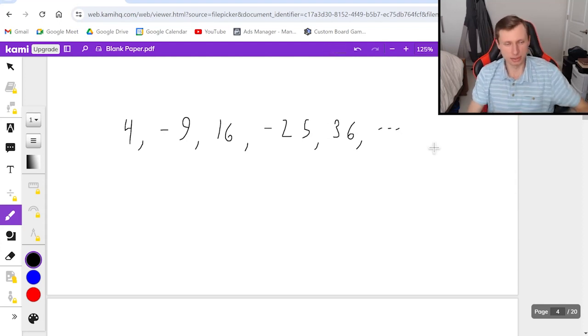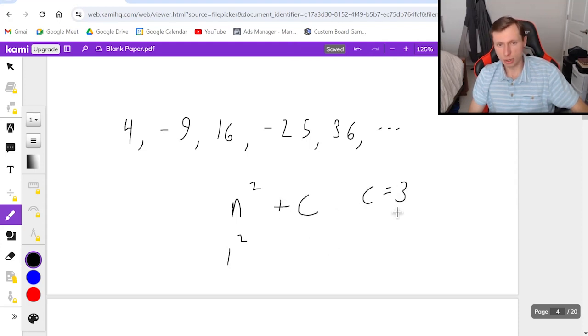And here's the solution. So I notice again it's that list of squareds, but it can't just be n squared, because if I plug in n equals 1, that's 1 squared, which is 1. The other thing you can't say is n squared plus c where c equals 3, for instance, because 1 squared plus 3 equals 4.